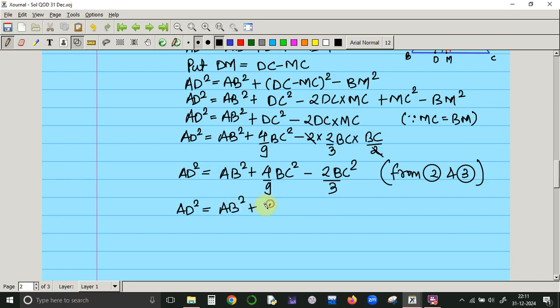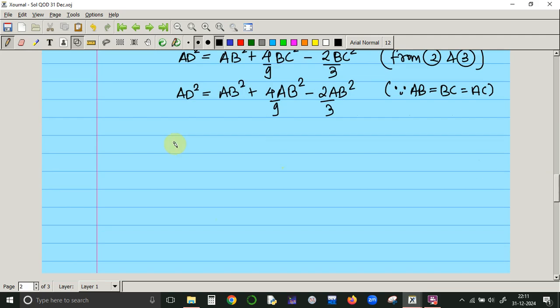AB square plus 4 AB square upon 9 minus 2 AB square upon 3. What is the reason for this? Equilateral triangle. Now there is 9 in the denominator, so we have to take the LCM.